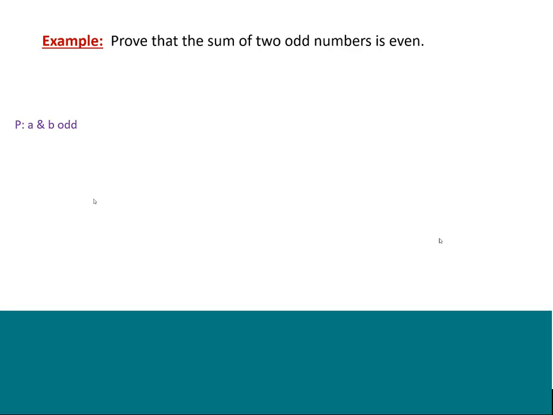Okay. Now, in order to get to the conclusion, we've got to know what that conclusion is. So if we're looking at an if P then Q format, let me actually write that up here, we still have to figure out what our conclusion is. Nobody has said it yet. Anybody have a guess on what the conclusion might be now that we know that we're going to use the symbols A and B for our two odd integers?